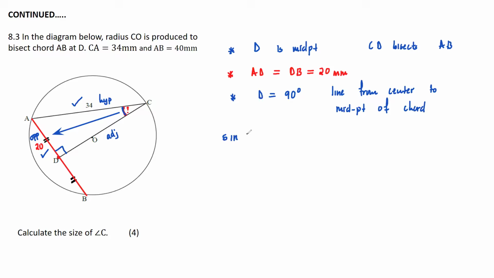Trig. Sine C is opposite, 20, over hypotenuse, 34. Then I'm looking for C, so trigonometry equations: shift sine of 20 over 34. In this case, at the end of the day, the angle C, if you do it to 2 decimal places, you should get 36,03.